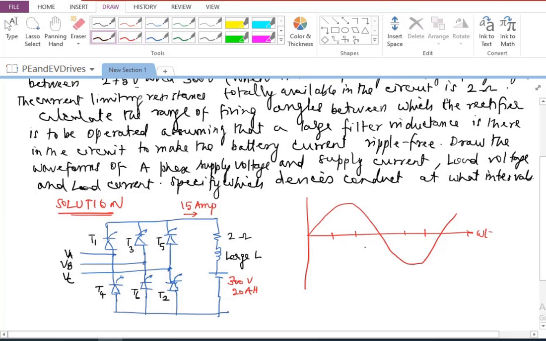Let me draw the second phase somewhat like this. The second phase is here. And the third phase is going to be somewhat like this.